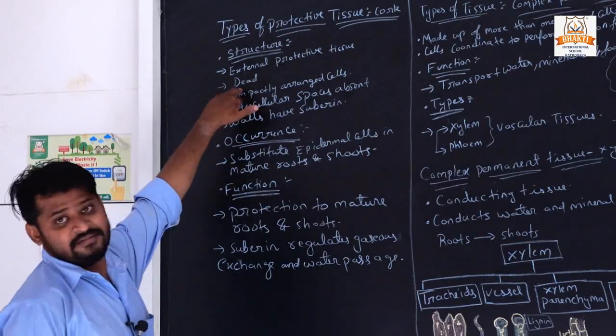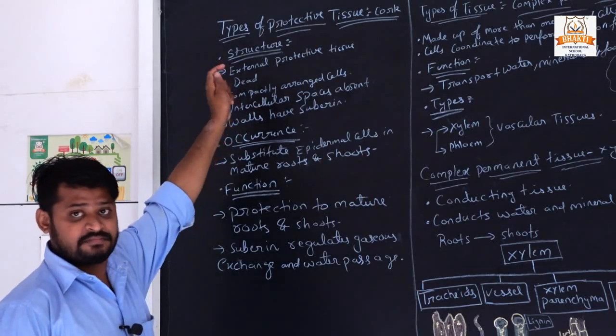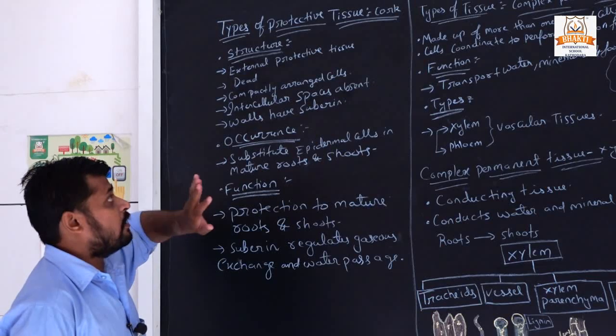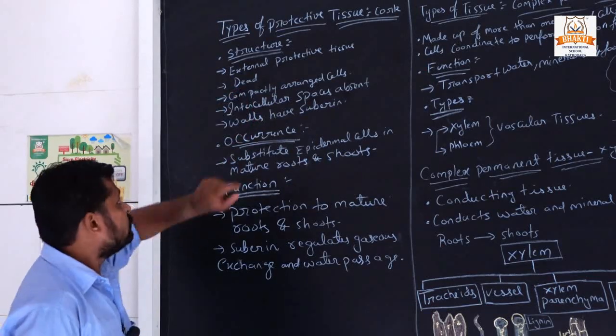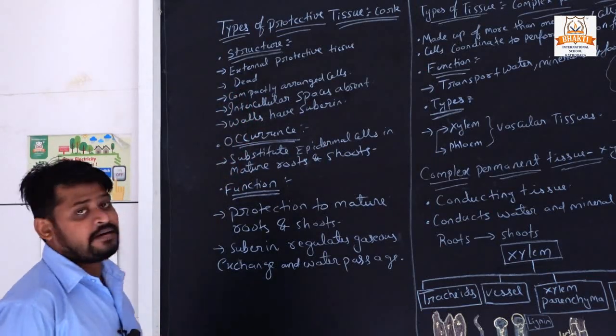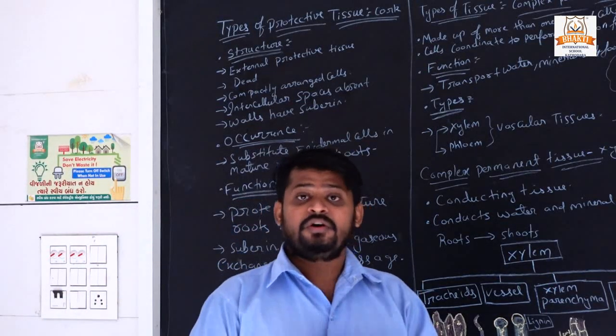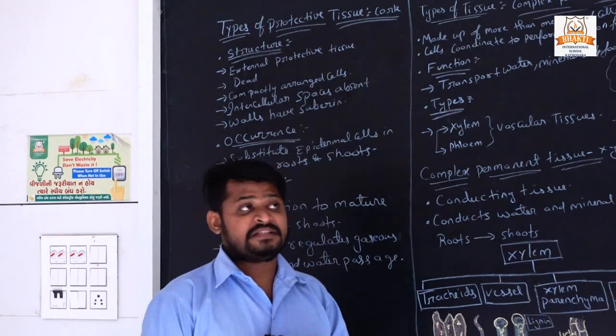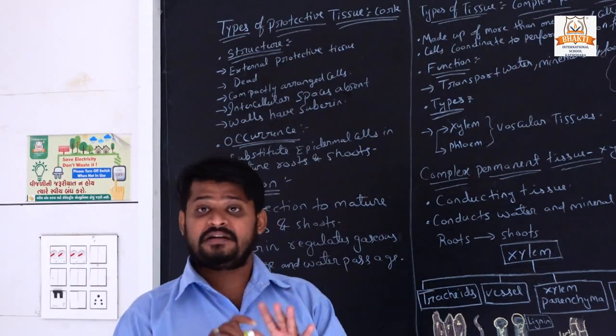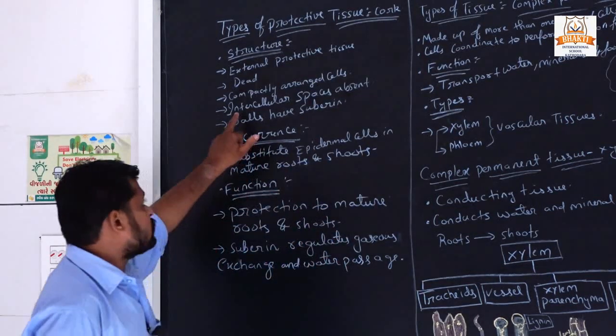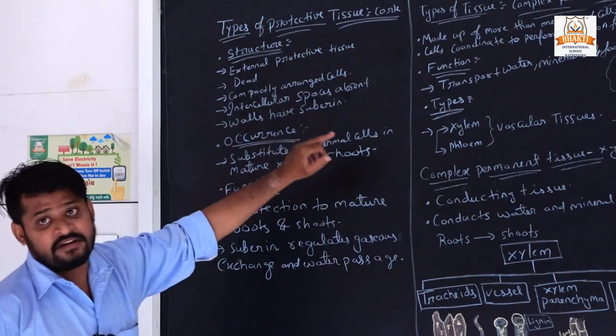Epidermis and cork are dead in nature, with compactly arranged cells. So it is a protective tissue. This means there is no space between the cells. That's why it is called intercellular space absent. Why?